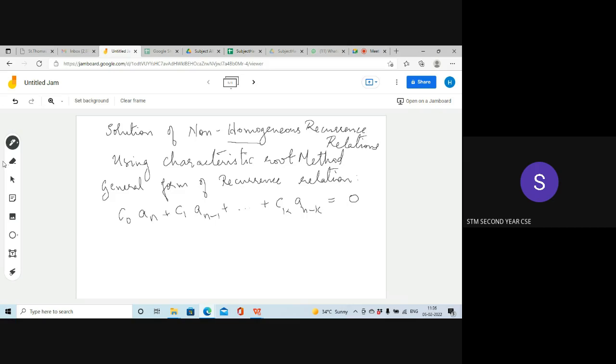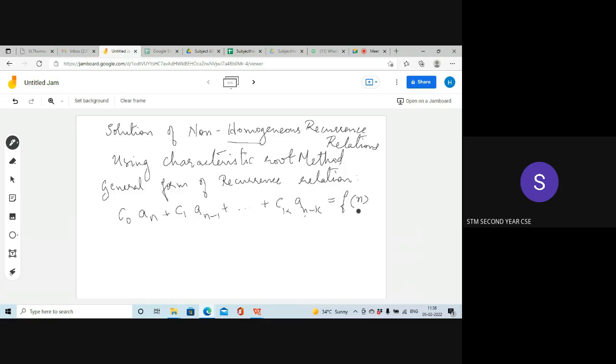But here we are considering non-homogeneous equations, so the right hand side will not be 0. Instead we can have a function f of n, and f of n can take different forms. This is the general form of a non-homogeneous recurrence relation, where the right hand side is a function of n.